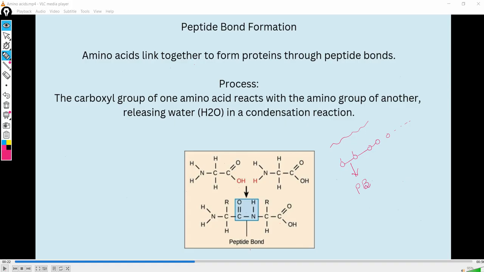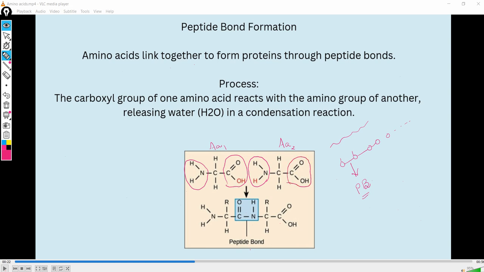Now let us study how this peptide bond is formed. This is amino acid 1 and this is amino acid 2. As you all know, this has one amino group and one carboxyl group. Similarly, the other amino acid also has one amino group and one carboxyl group.